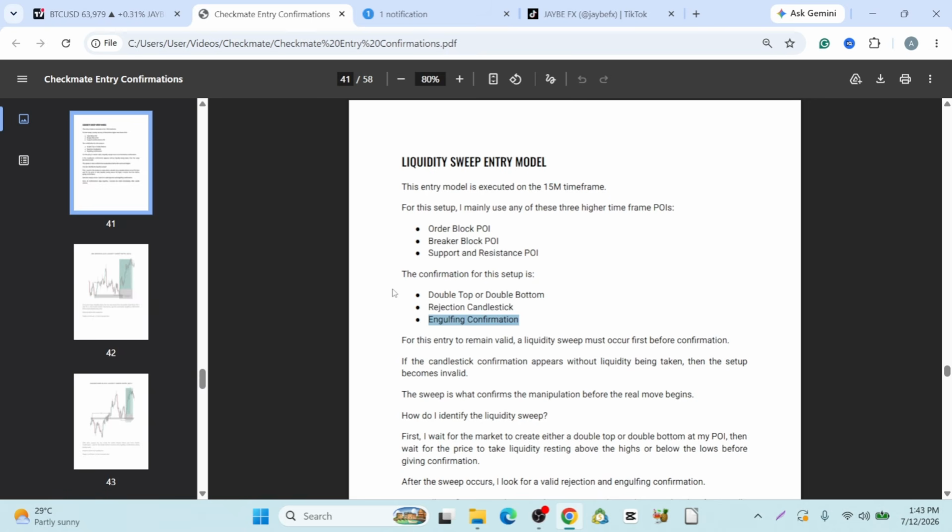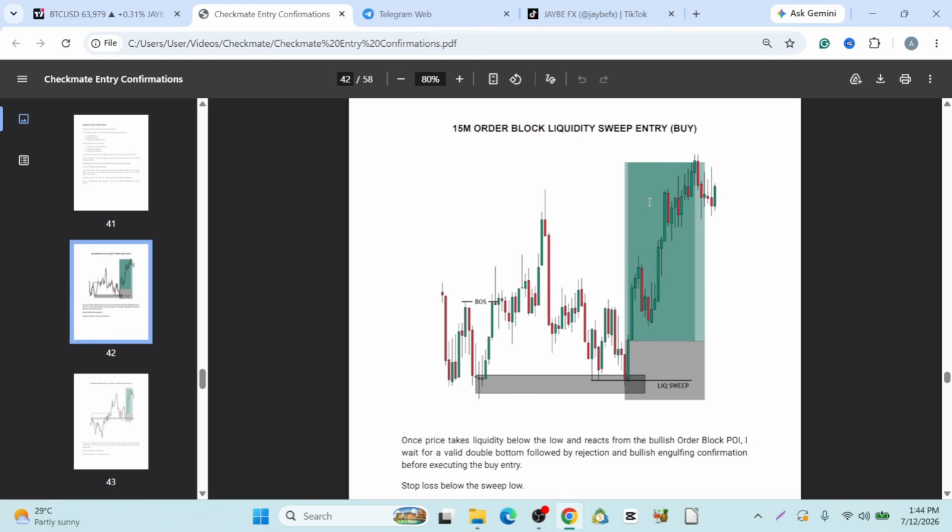I've stated the time frame on which each strategy can be used. For this particular liquidity sweep, I executed it on the 15 minutes, or I like using it more on the 15 minutes. Or probably you just have to master the 15-minute time frame for you to use this nicely. And this is how it looks.